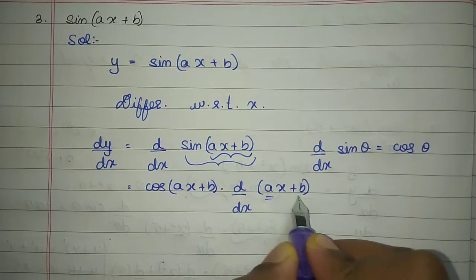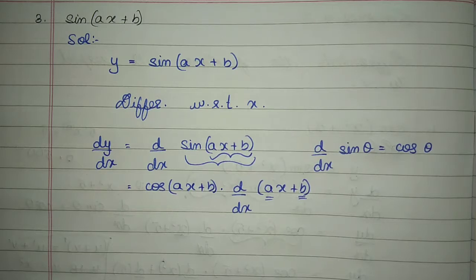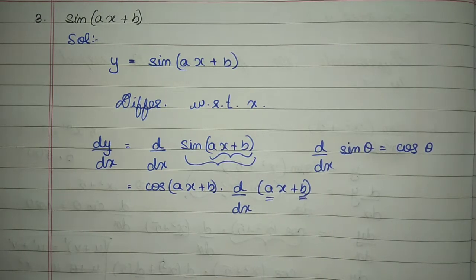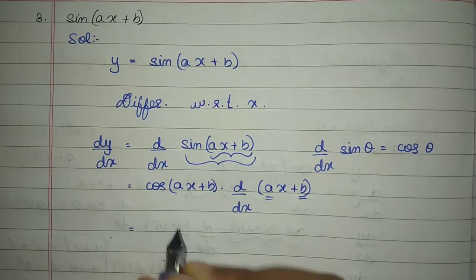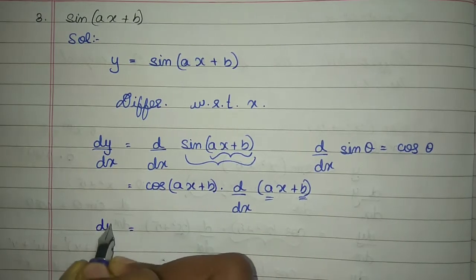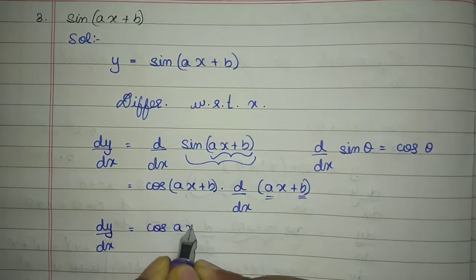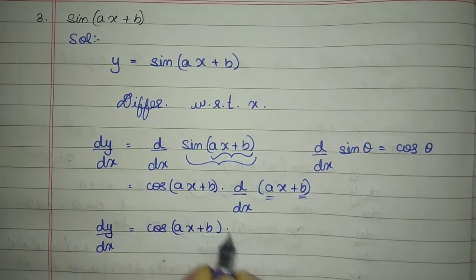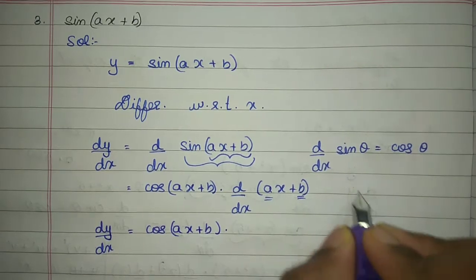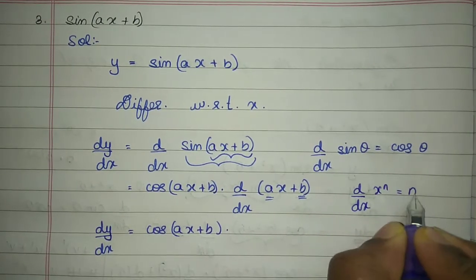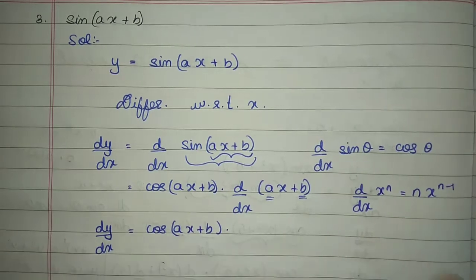Here a and b are any constants. Wherever a, b is given, unless and until it is mentioned that a and b are variables, they are always constant. So we will be writing dy by dx is equal to cos ax plus b into, so here we know the formula, d by dx of x power n is n into x power n minus 1.